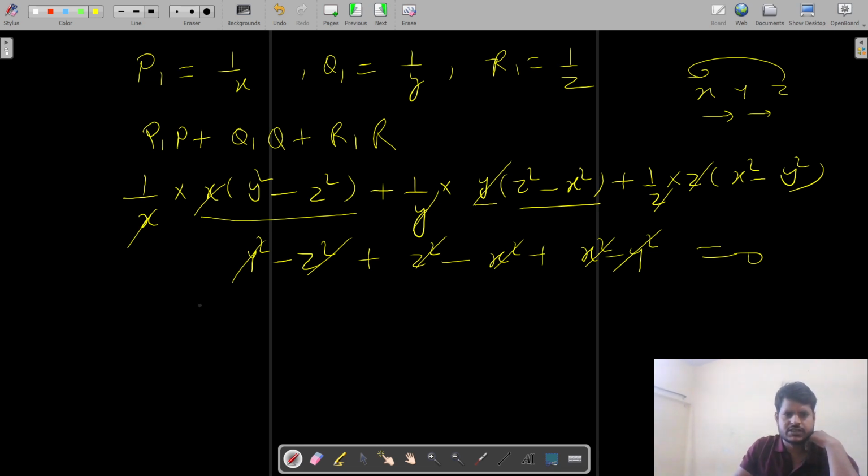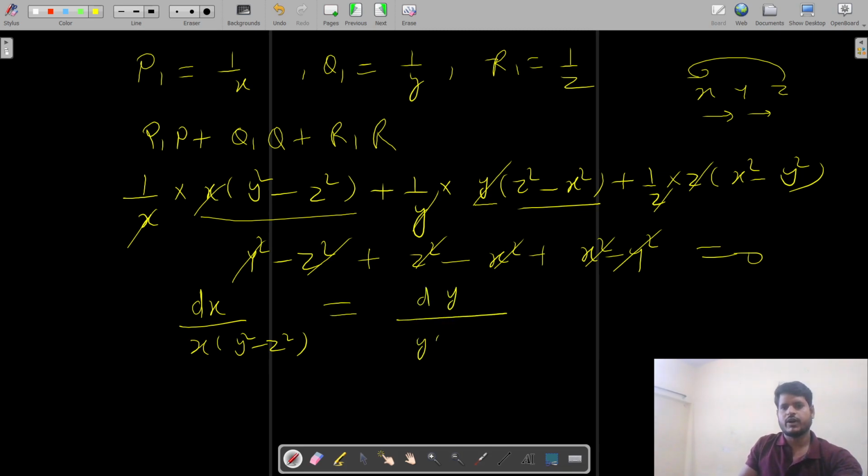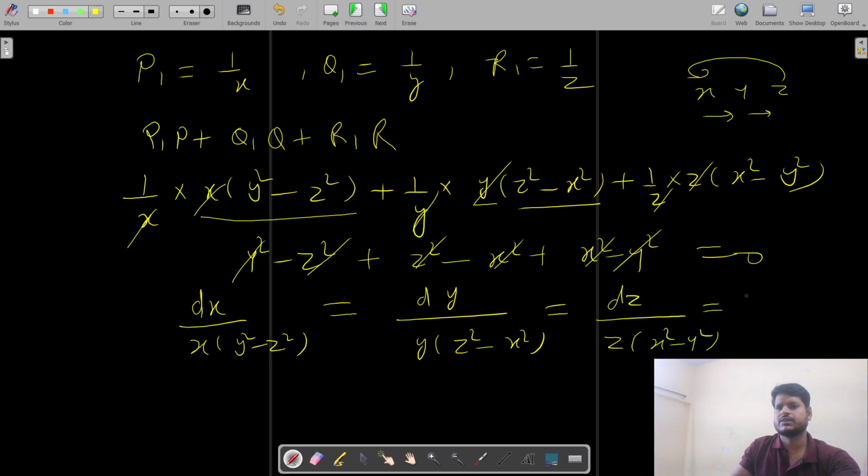So now again I can write here dx upon value of capital P, that is x times y square minus z square, dy upon y times z square minus x square, dz upon z times x square minus y square. Now put the value of P1, Q1, R1: P1 dx plus Q1 dy plus R1 dz upon again P1 P plus Q1 Q plus R1 R, right?